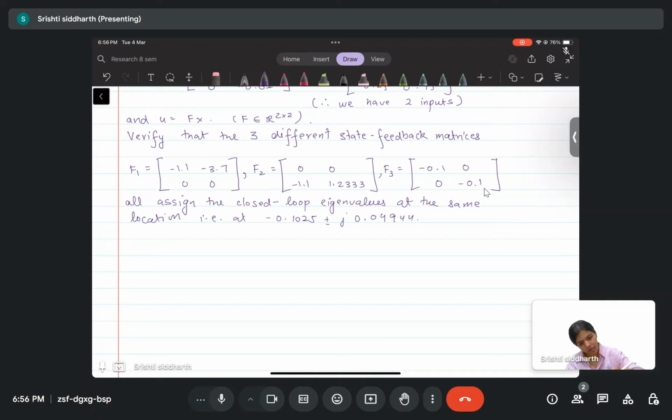So this means that F is not unique for a given set of desired eigenvalues. So there can be multiple state feedback matrices which one can use, so that the closed loop system, which would be A plus BF, has the same eigenvalues for a given set of desired eigenvalues.